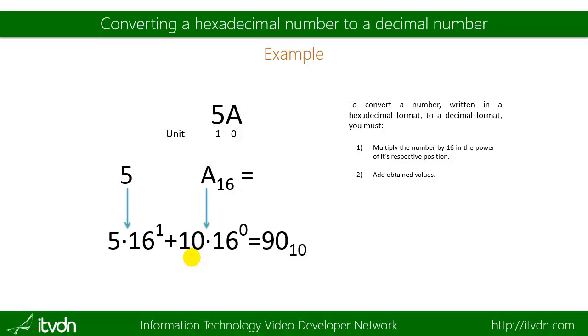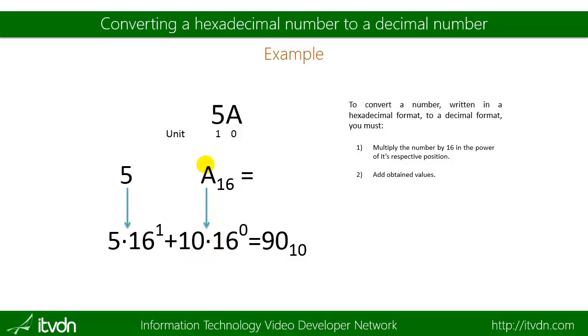A in the hexadecimal system represents 10 in the decimal system. Remember, in the hexadecimal 16-base format, we have 1, 2, 3, 4, 5, 6, 7, 8, 9, then A.